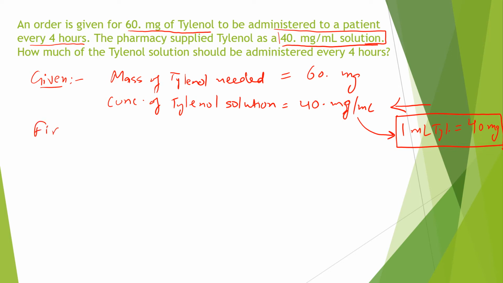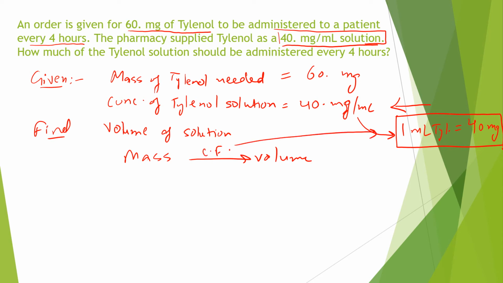So now we need to find the volume of solution of this Tylenol. In other words, we need to convert mass to volume, and we can use concentration as a conversion factor, and that conversion factor will come from this relationship.